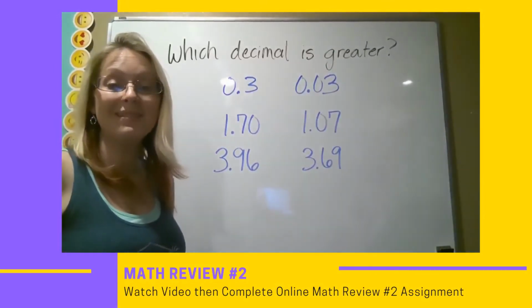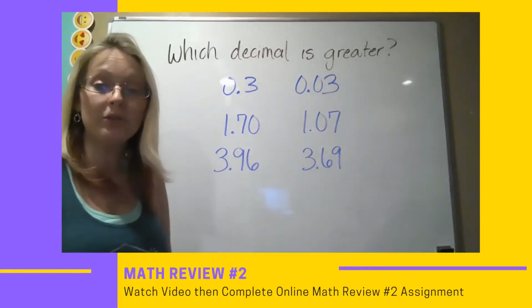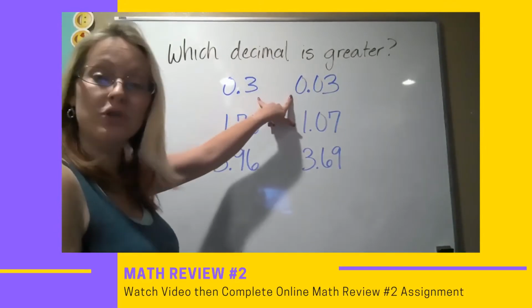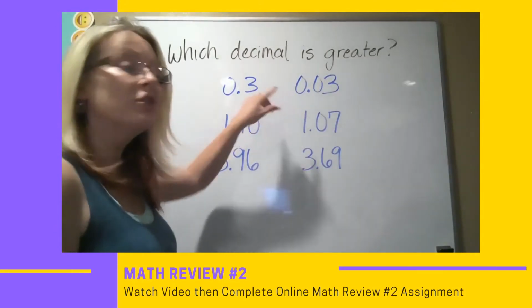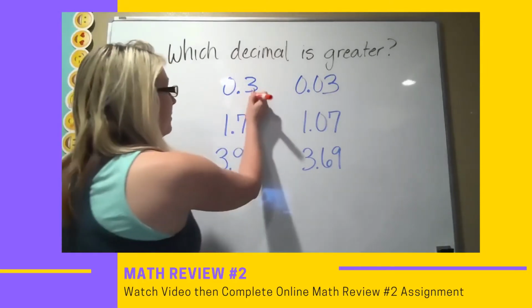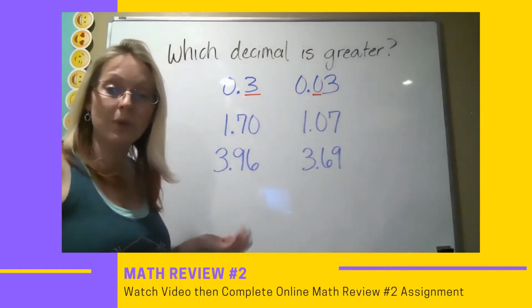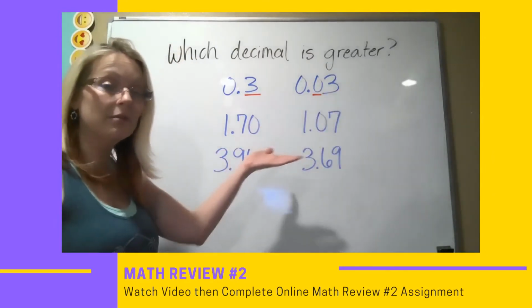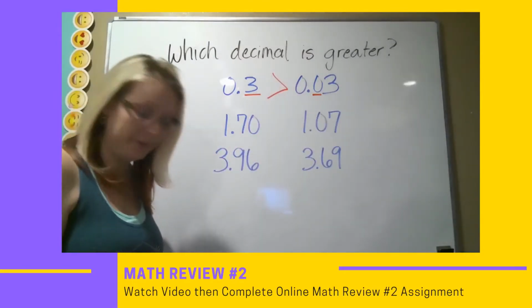This review is on which decimal is greater. So now what you're going to want to do is, when you have two numbers and you're trying to find out which one is greater, you want to make sure that you're starting with your decimal place and going to the very first digit, okay? There and there. Well, which one is greater? 3 or 0? It would be 3, so that one is greater.